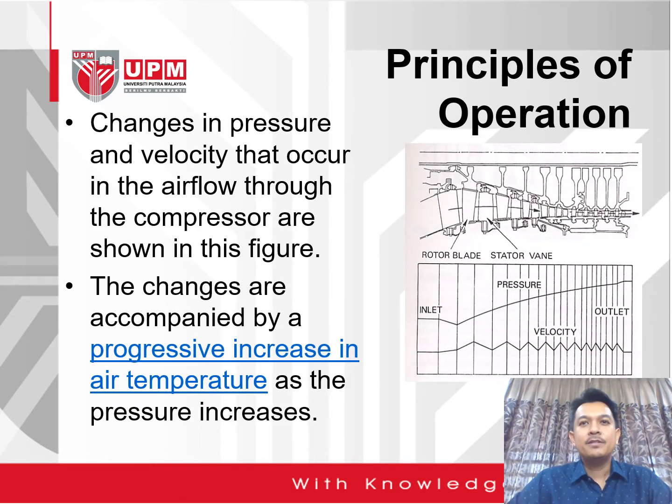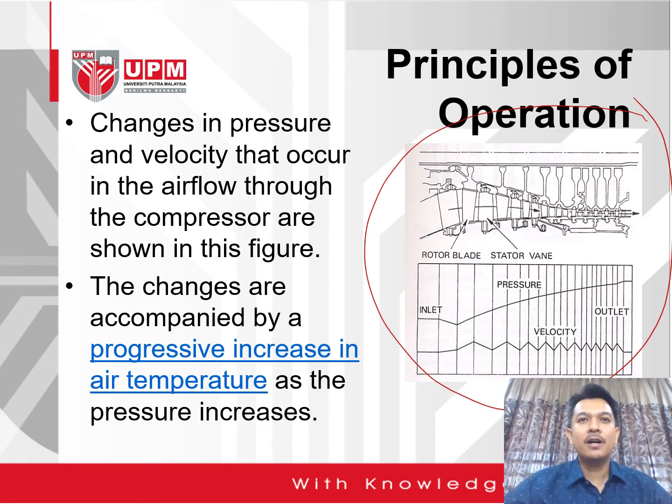As we can see in this right hand side chart, the changes in pressure and velocity that occur in the airflow through the compressor are shown in this figure. So you imagine the air is flowing from the left hand side to the right hand side, and it goes through a series of rotor blades and stator vanes, right?